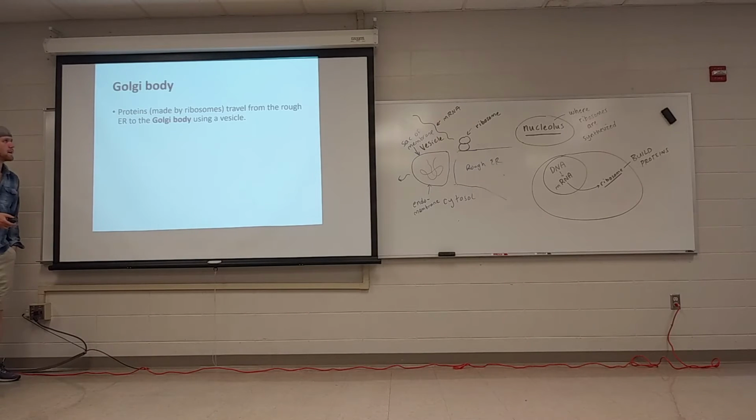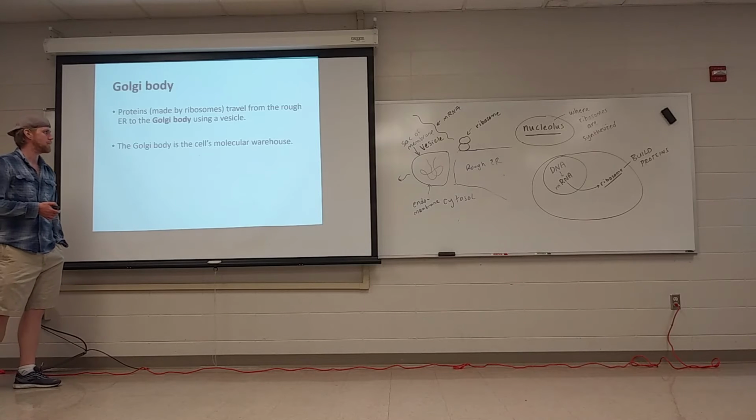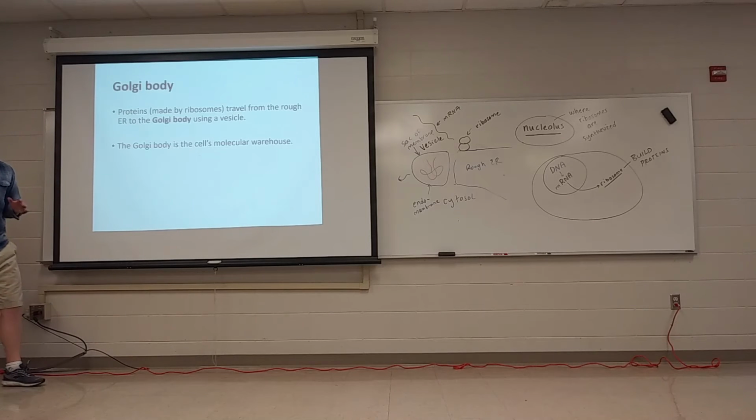The Golgi body, also called the Golgi apparatus, receives vesicles containing proteins that were made by ribosomes in the rough ER. Think of it like the post office or the UPS for the cell. Proteins come into the Golgi body, they're going to be compartmentalized.